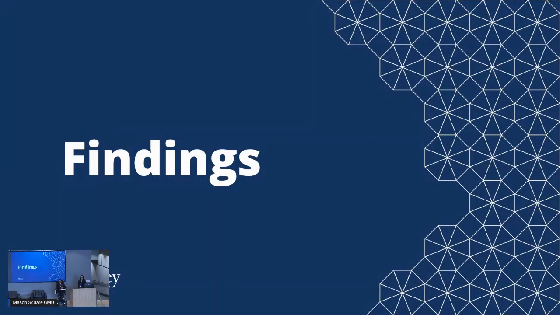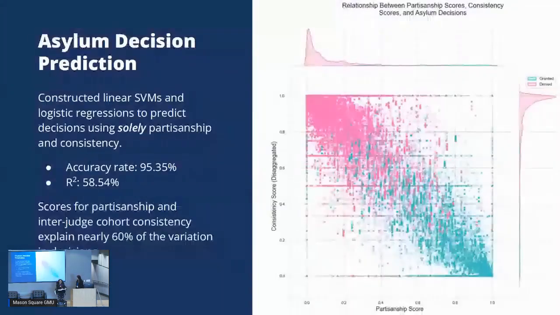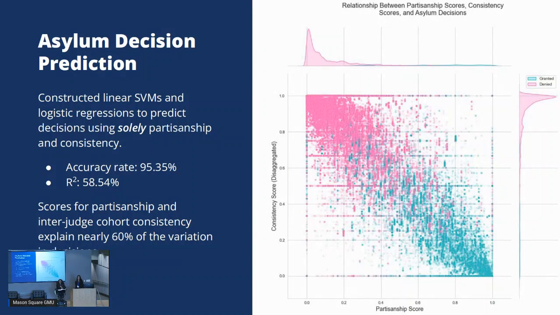All right. So after computing both cohort consistency and partisanship, we ran a variety of analyses using predictive modeling to gain insights from our data set. For the sake of time, we won't talk about all of these, and I'll just highlight a few. So first, we created binary classifiers for asylum decisions that take in just partisanship and consistency scores and tested them on a subset of our data.